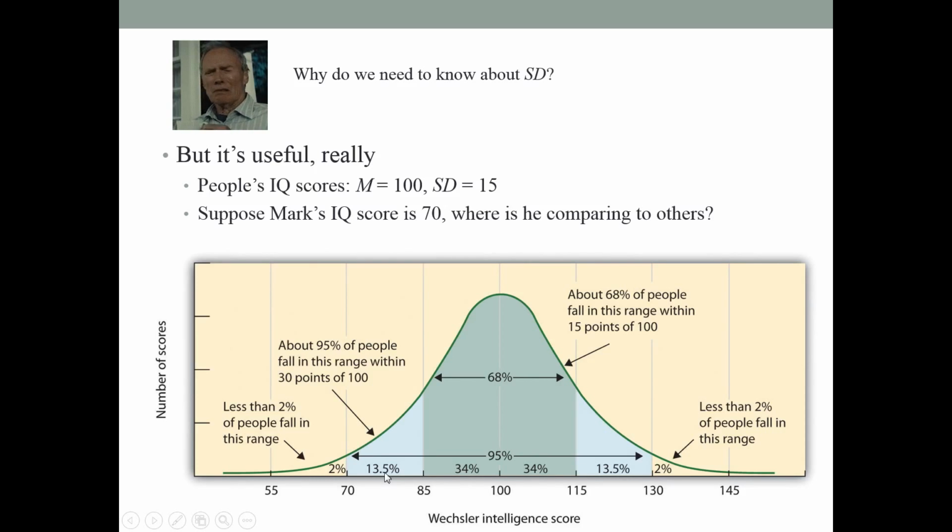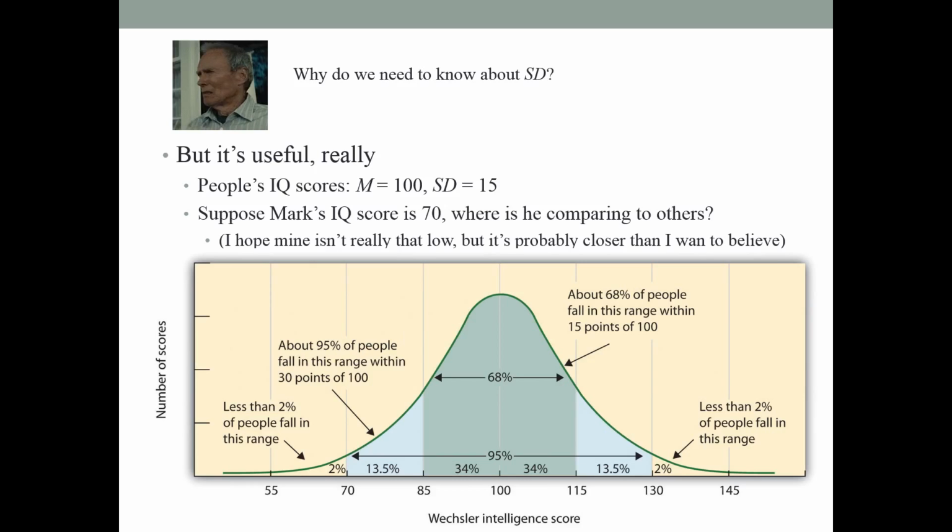So that is 84 plus 13.5, that's about 97, something like that. That means 97% of people do better than Mark. I hope my IQ score isn't really that low, but it probably is a bit closer than I want to believe.